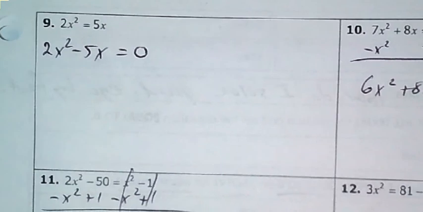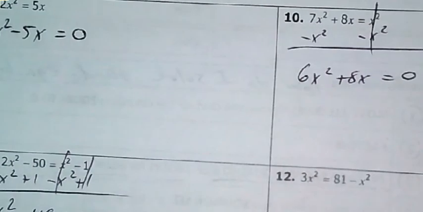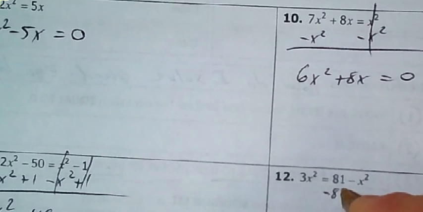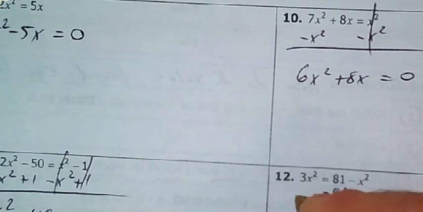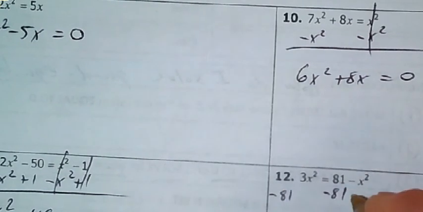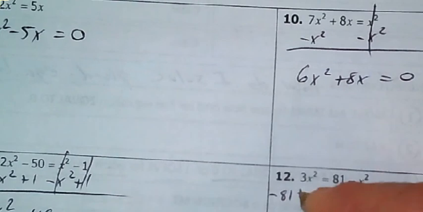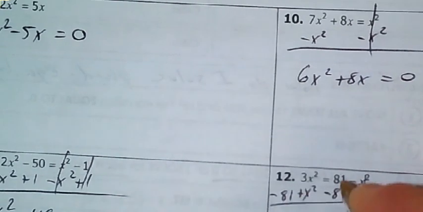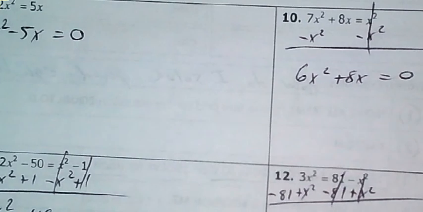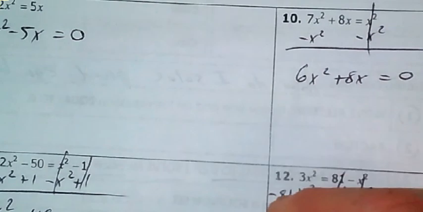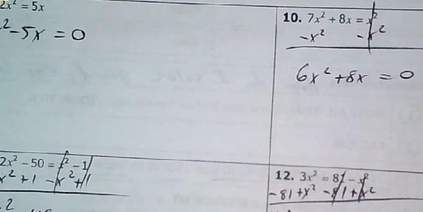Okay, let's do the same thing in number 12. Let's subtract 81 from both sides, and let's add x squared to both sides. So we're left with 0 on the right, and then 4x squared minus 81 on the left. Be careful to put your terms together appropriately.